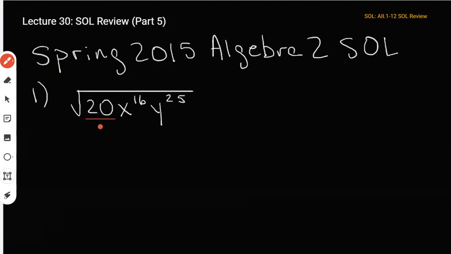Okay, let's use a 5 and something else. So what's 20 divided by 5? 4. Good. So I'm going to put a 4 right here. And I'm going to circle it because that's going to be my perfect square.